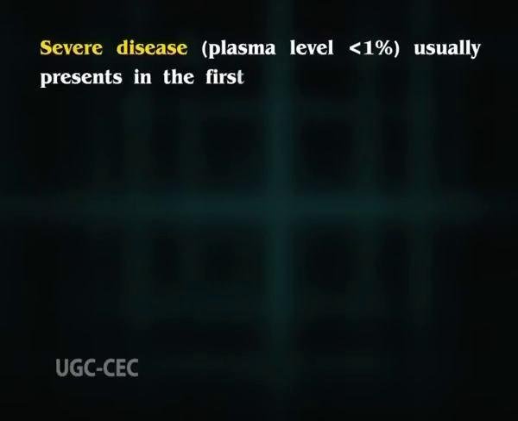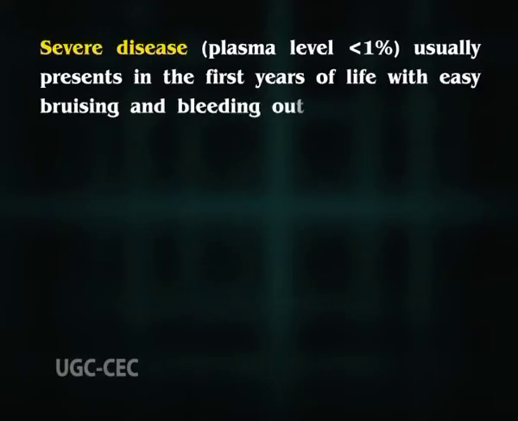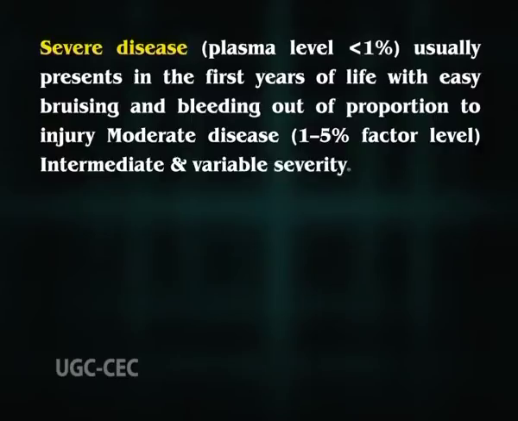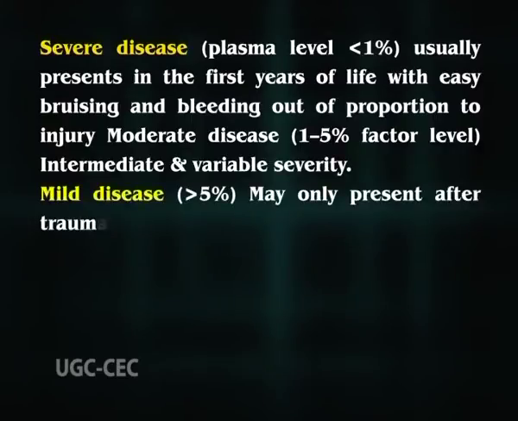Severe disease: plasma level less than 1% usually presents in the first years of life with easy bruising and bleeding out of proportion to injury. Moderate disease: 1 to 5% factor level, intermediate and variable severity.